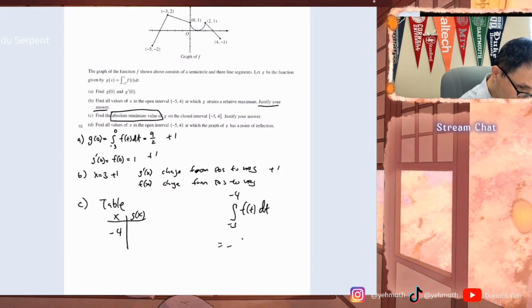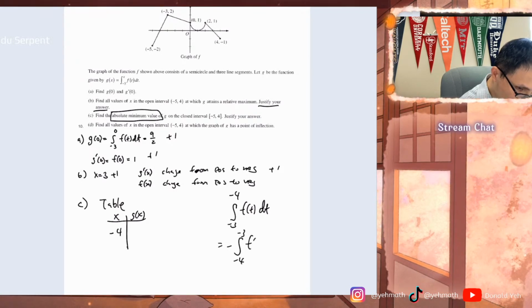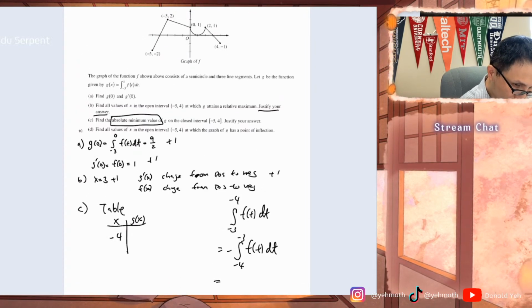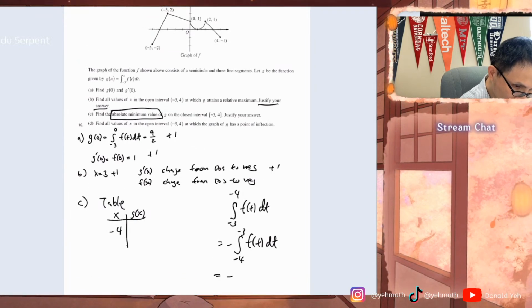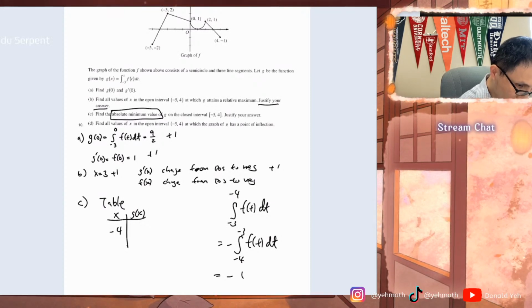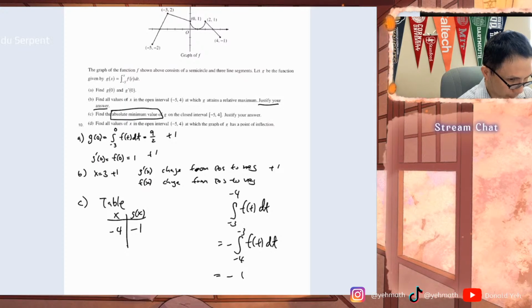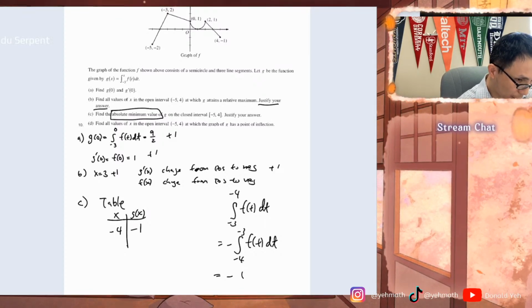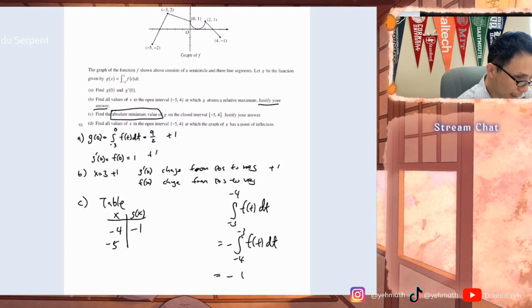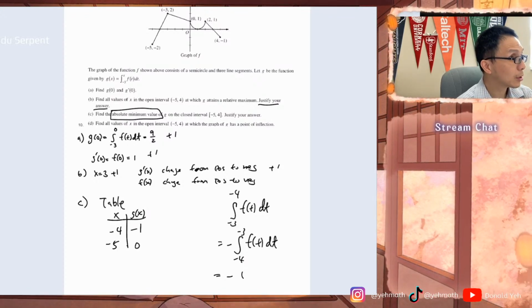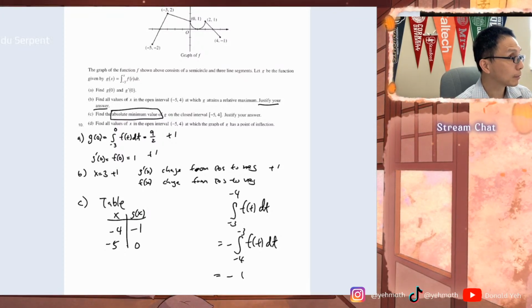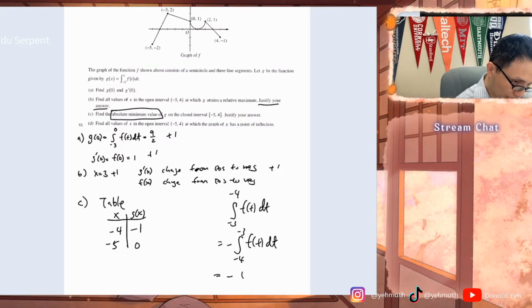Then that's equal to negative the integral from -4 to -3 of f of t dt. Do you see that the boundaries need a switch? So it's above the x-axis, so the area is 1, so it'll be a -1. Should you check the endpoint? Yes, you should check the endpoint at -5. But at -5 it ends up to be 0. So you have to justify that. The table is a good justification. Remember, table is a good justification.